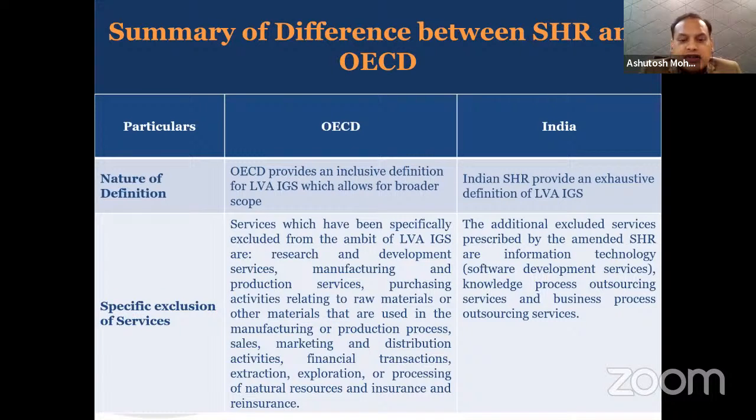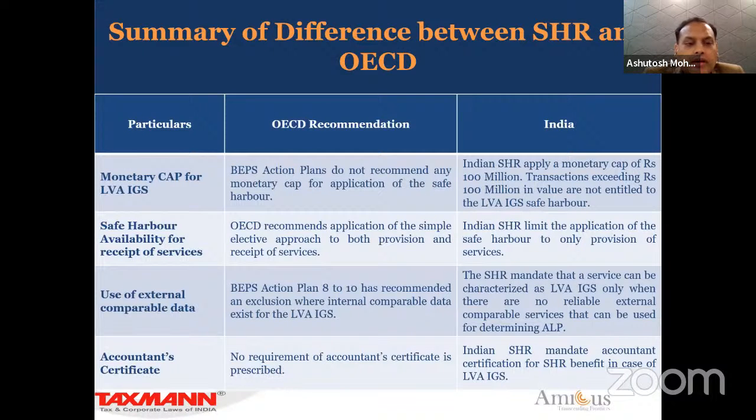Then exclusions are also different between OECD and India. Exclusions are a little tighter when it comes to India. There is no monetary cap in the OECD recommendation, whereas in case of India, as I mentioned, there's a monetary cap of 10 crore, which is rupees 100 million.